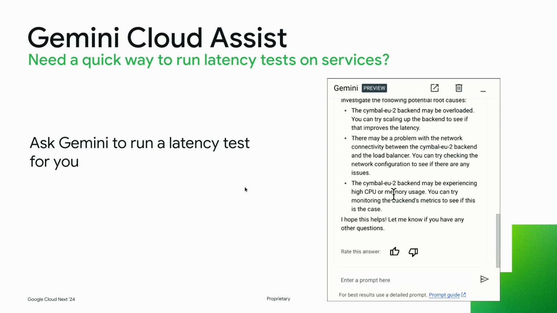Gemini is actually able to find that playbook, run a latency test, and then provide some responses back. So in this top right-hand corner, you're able to see that Gemini actually ran a latency test and identified that there was an overload of latency in a certain region and provided some insights that basically tell you a bit more of what's going on with the latency within your service.